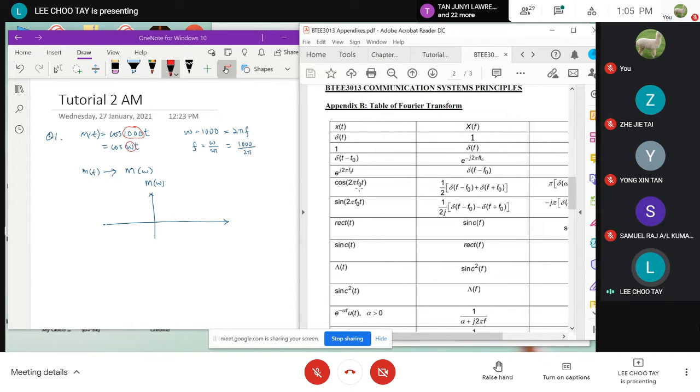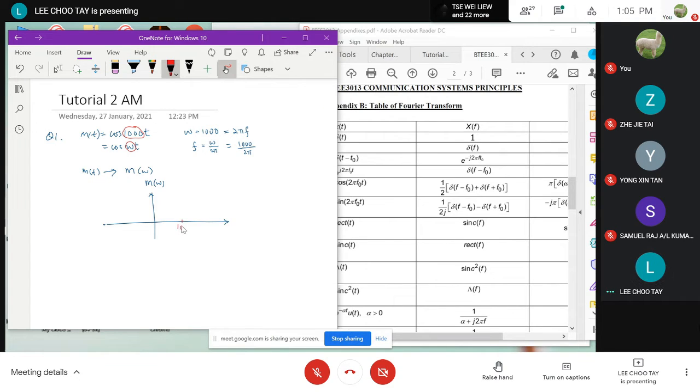I can call it omega naught, right? So that means it's at 1000. I have one at 1000 and another one at minus 1000. And what is the magnitude? Because here the amplitude is 1, therefore, referring to this table, it is pi.